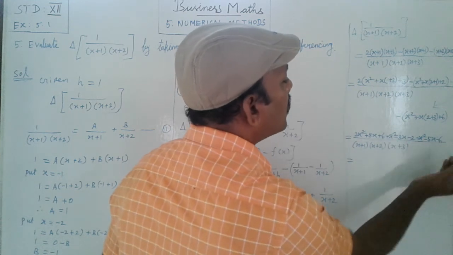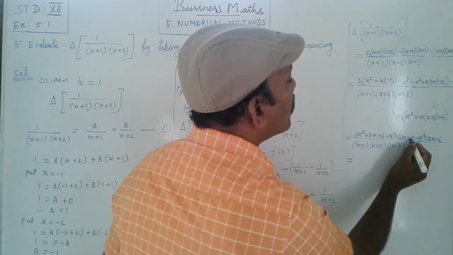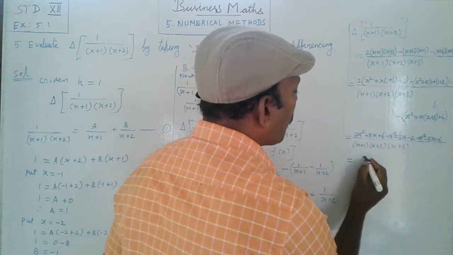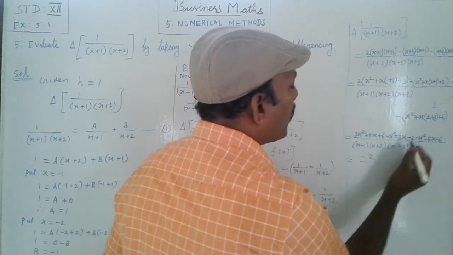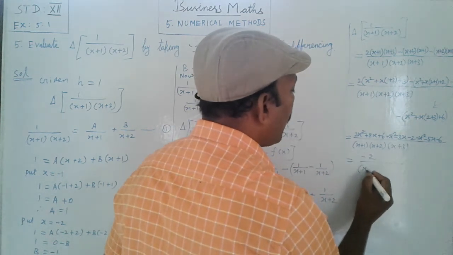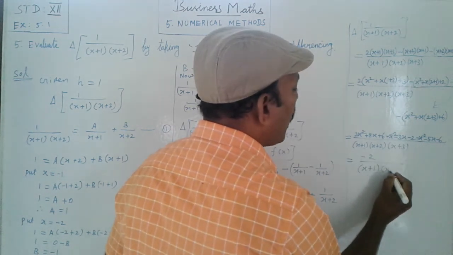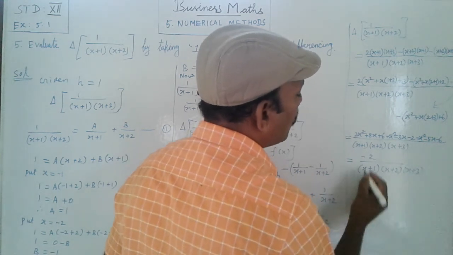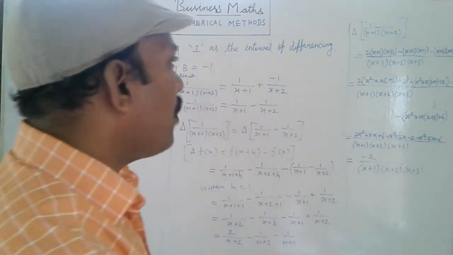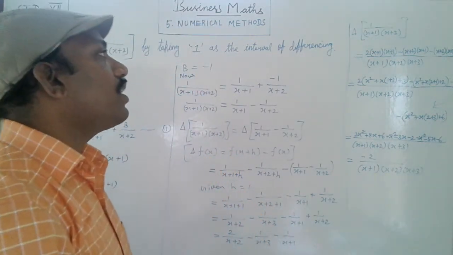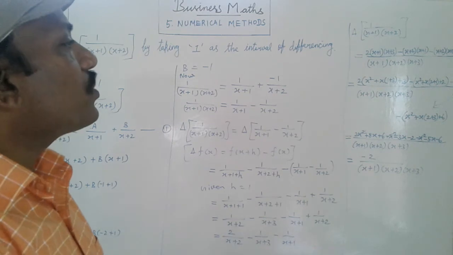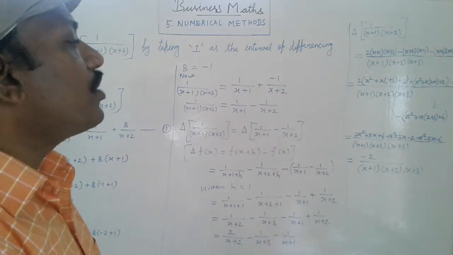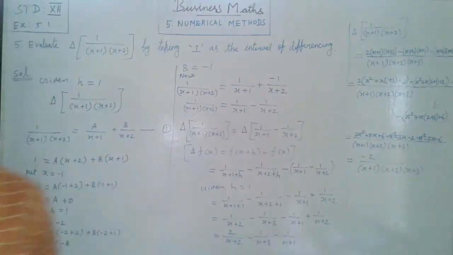Plus 6 and minus 6 cancel. So what is here? Minus 2. So minus 2 divided by the remaining, minus 2 divided by x plus 1 into x plus 2 into x plus 3. That's all the value. So its value, delta of 1 divided by x plus 1 into x plus 2, is minus 2 divided by x plus 1 into x plus 2 into x plus 3. That's all.